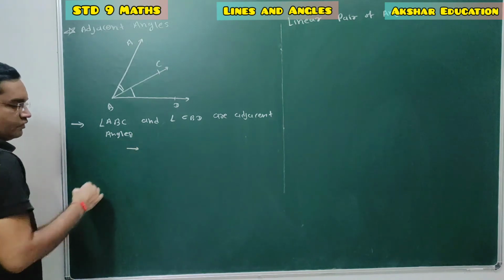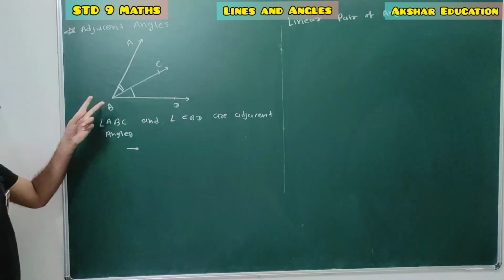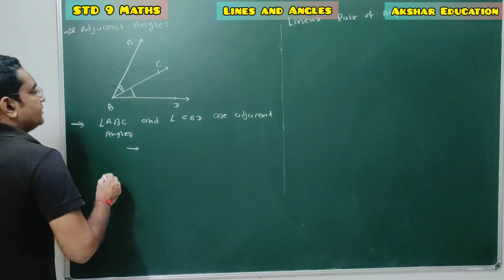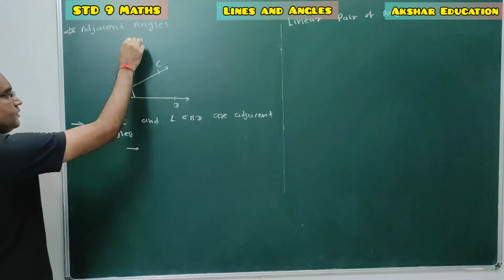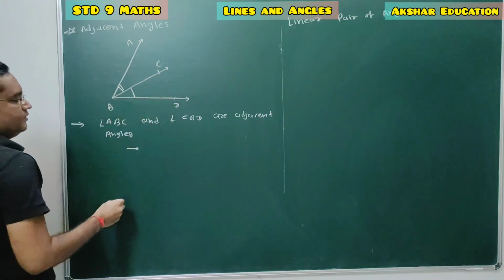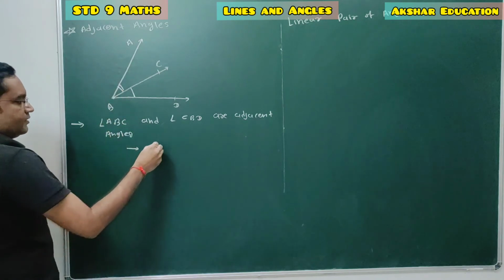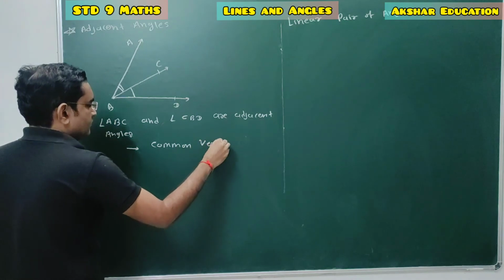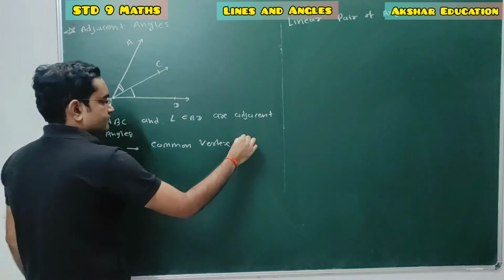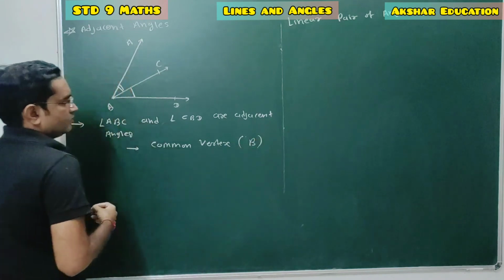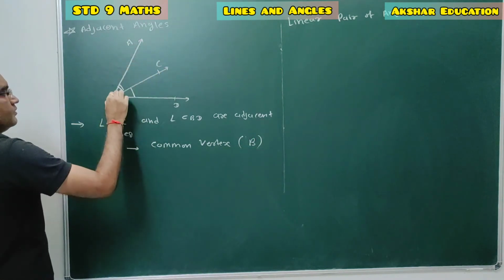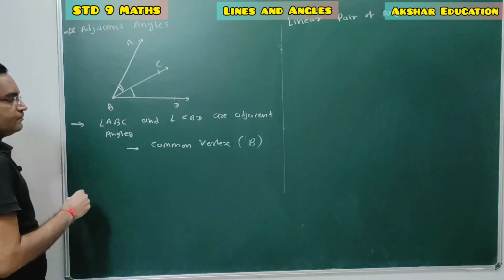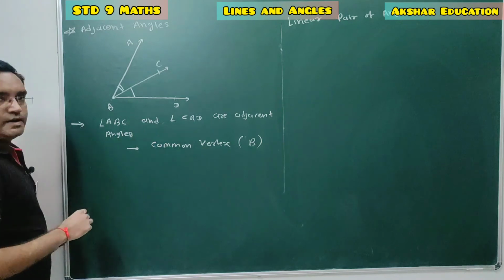So now the question is why? Why is this pair of angles known as a pair of adjacent angles? So here you can say that in these two angles, angle ABC and angle CBD, both angles have a common vertex, that is point B. Angle ABC's vertex is point B. For angle CBD the vertex is point B. So for both the angles, the vertex is common.